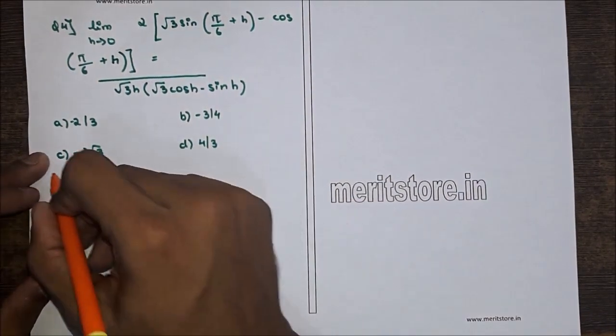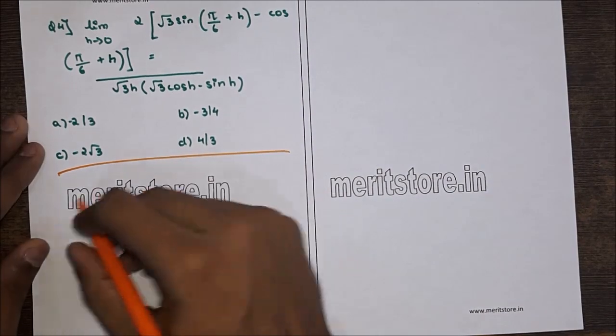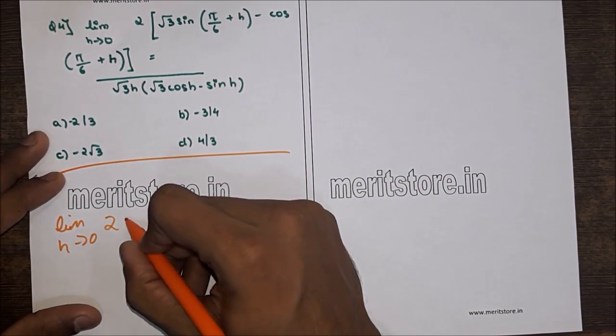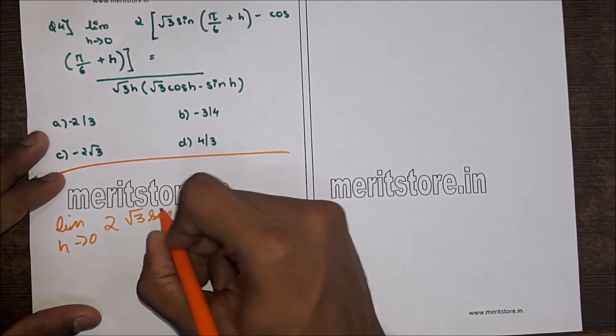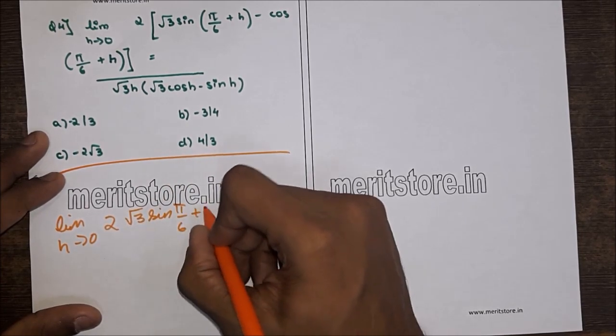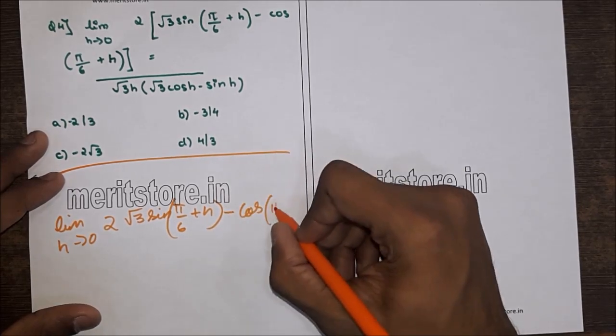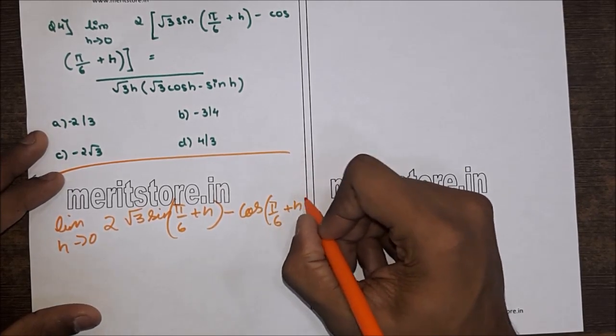So first we would write the numerator as limit of h tends to 0, 2 into (root 3 sin (pi by 6 plus h) minus cos (pi by 6 plus h)).